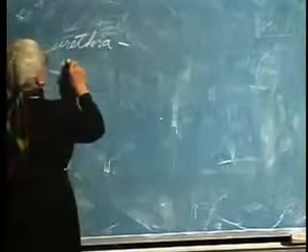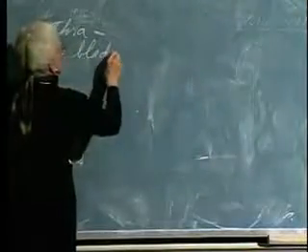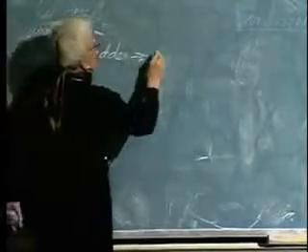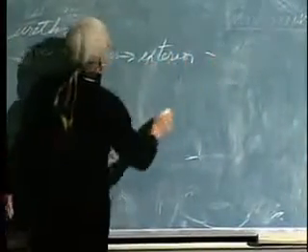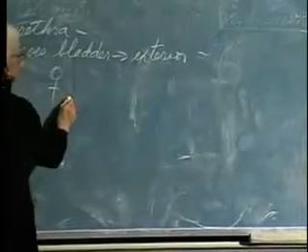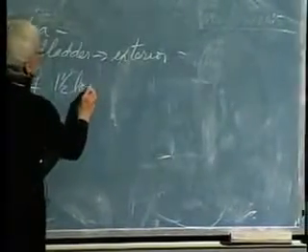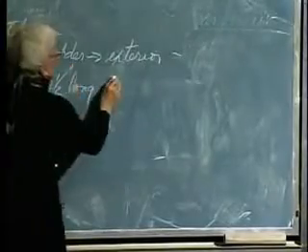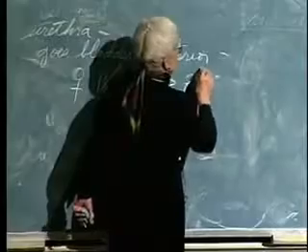The urethra, as we said, goes from the bladder to the exterior. In the female, the urethra is about 1.5 inches long. In the male, it's between 7 and 8 inches long.